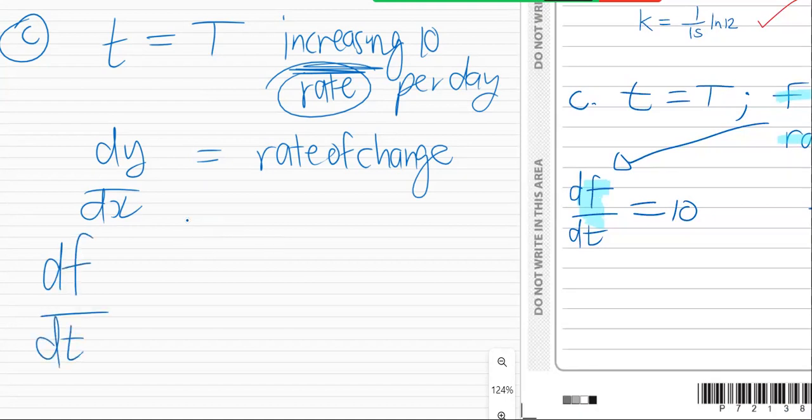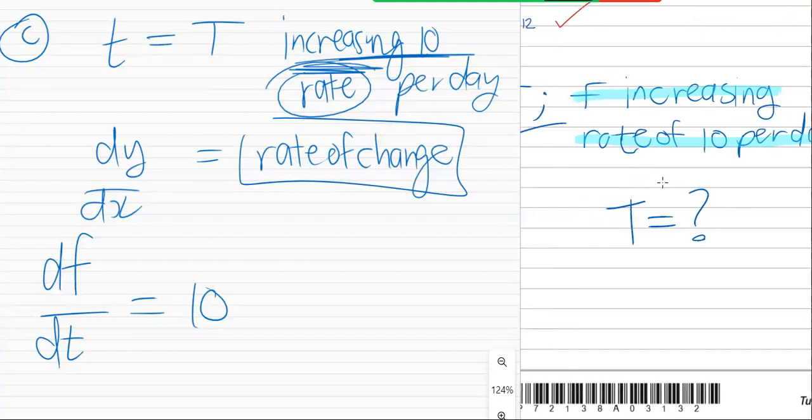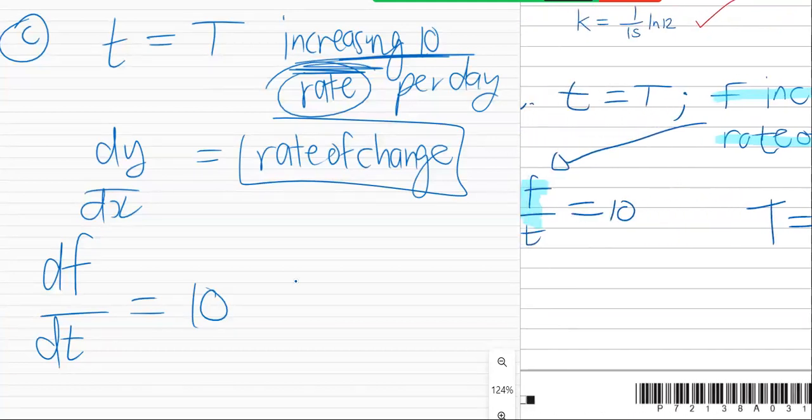The F was the fruit flies, and T being the time. So this is just saying that our rate of change per day is 10 per day. So our rate of change equals 10. And they asked, what is big T? What is the time? So we need to find df/dt, then set it equal to 10, and then solve for T.